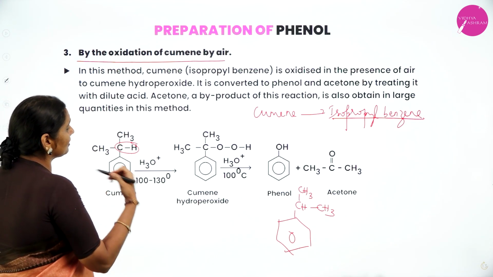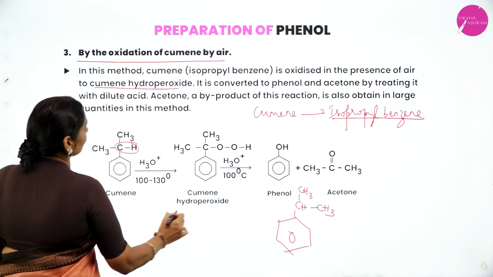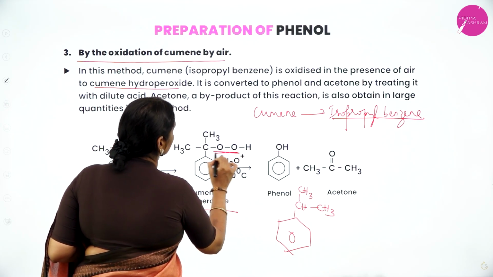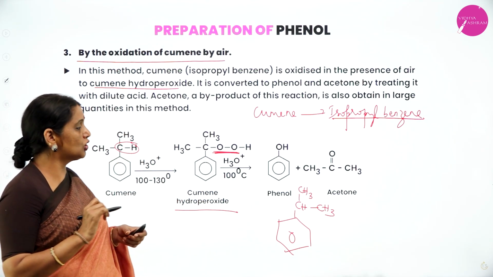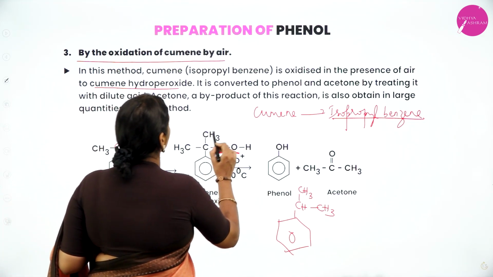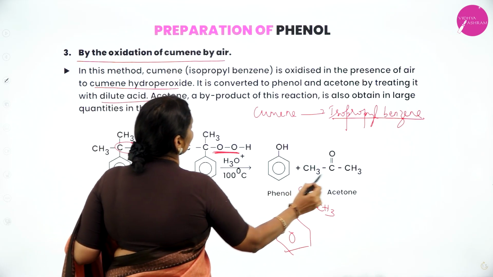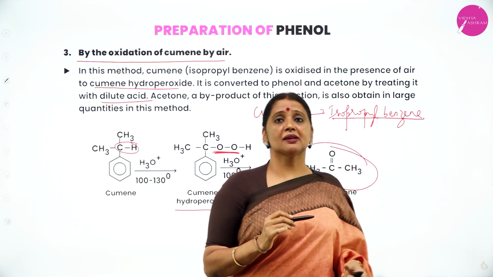So it can be converted into phenol. It is oxidized in the presence of air and forms cumene hydroperoxide. Between C and H, you introduce 2 oxygen atoms, and cumene becomes cumene hydroperoxide. Then cumene hydroperoxide is converted into phenol with dilute acid, and the important point is that we get acetone as a byproduct.